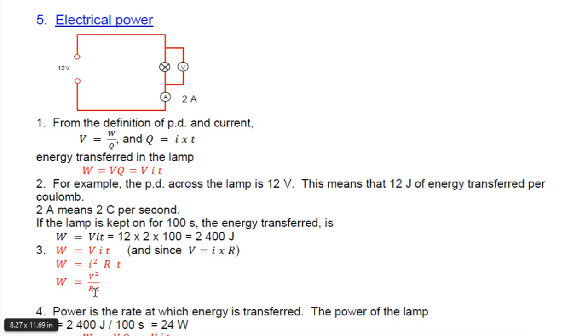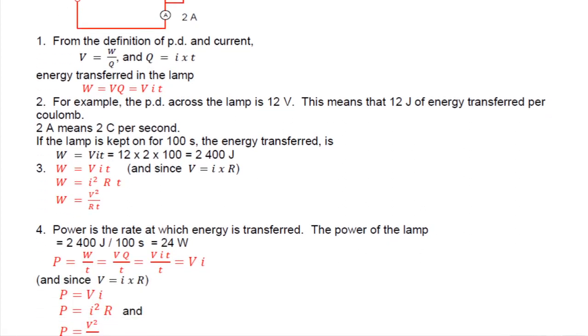So it's V squared over R times T, like that.